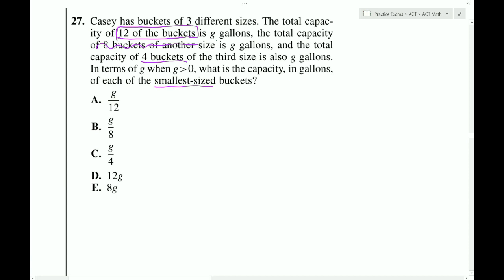Because if you required 12 buckets to hold a gallon of soda versus 4 buckets, then the buckets that required 12 must have been very small. So anyway, 12 buckets can hold G gallons.